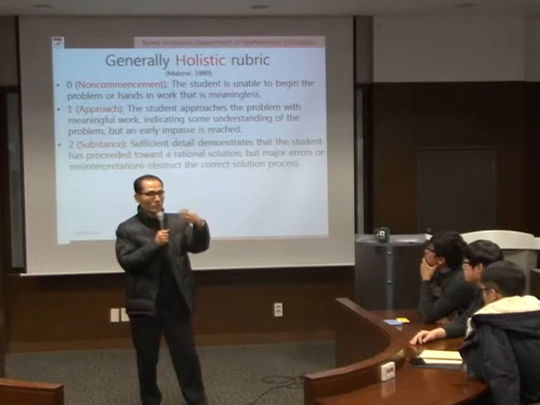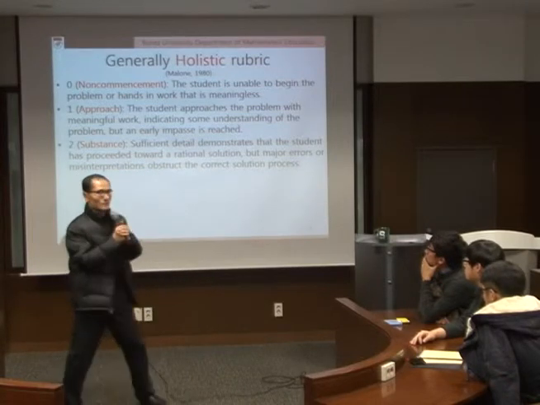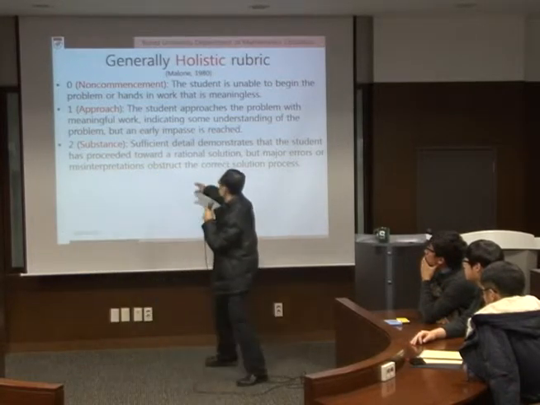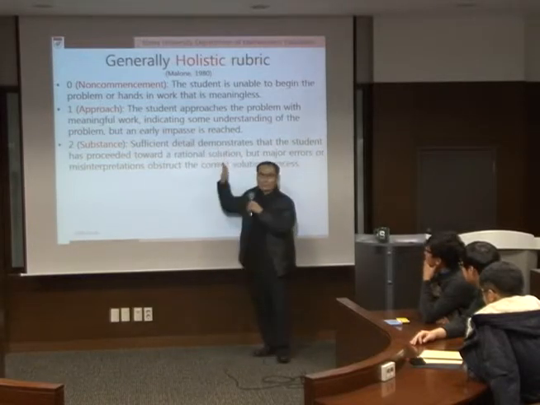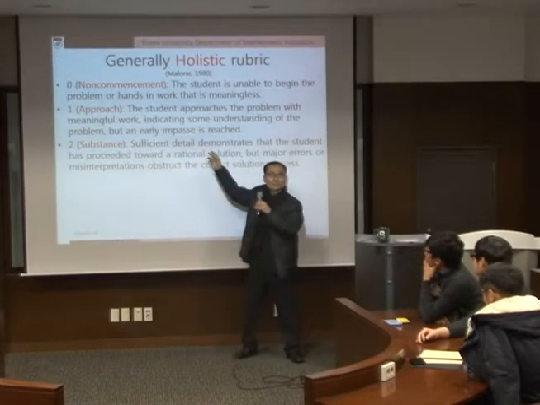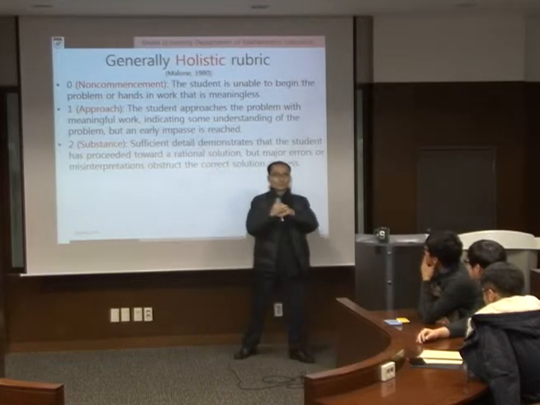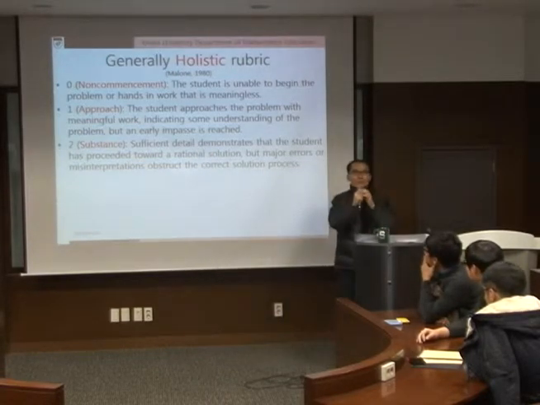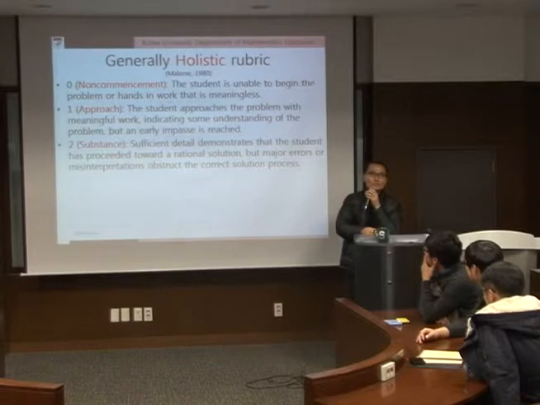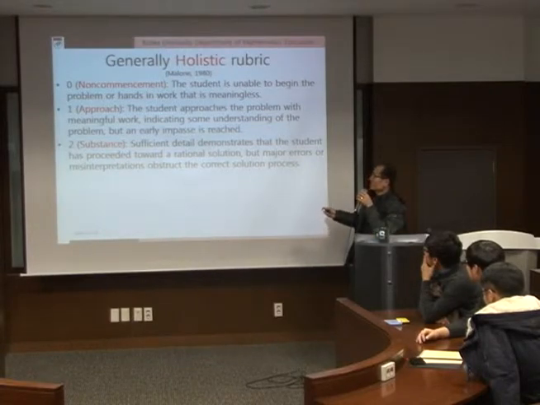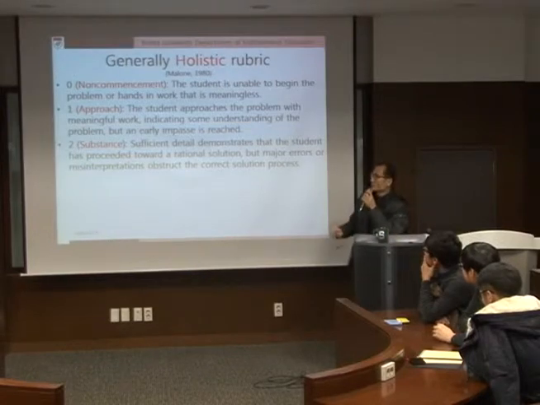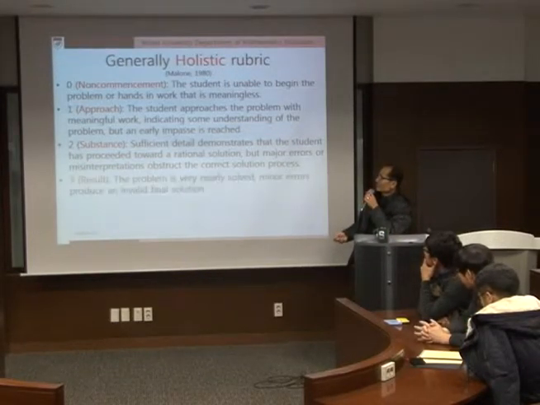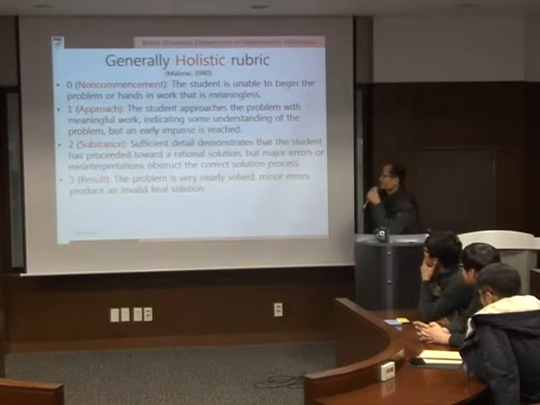So therefore, it's going to be considered substance, as you can see right here. But the sufficient detail demonstrated is going to be important. In other words, not just 1 or 2 sentences, right? Sufficient detail should be provided in the second level of the holistic rubric standard.